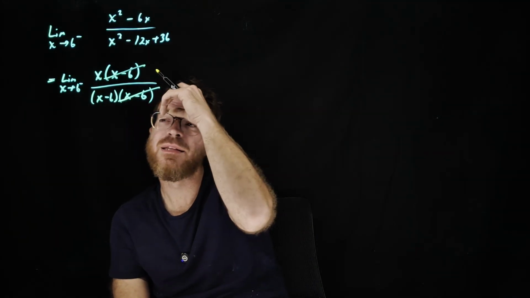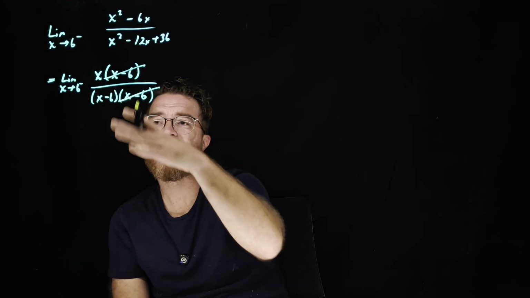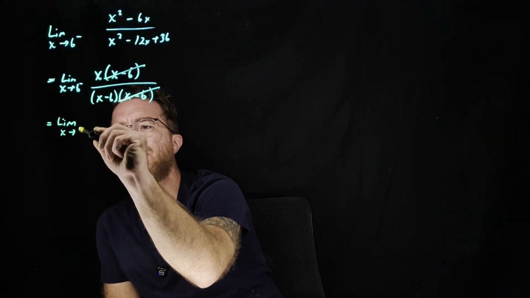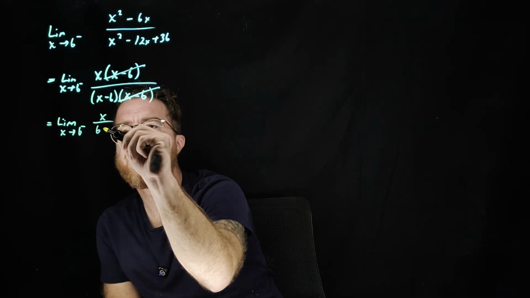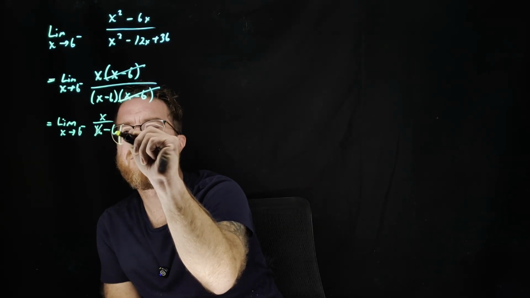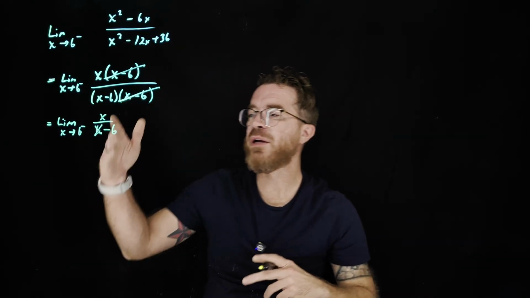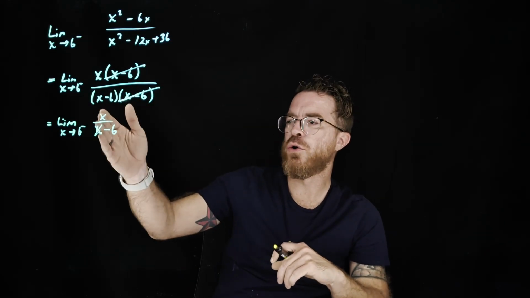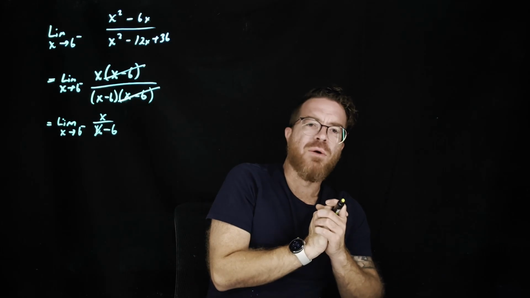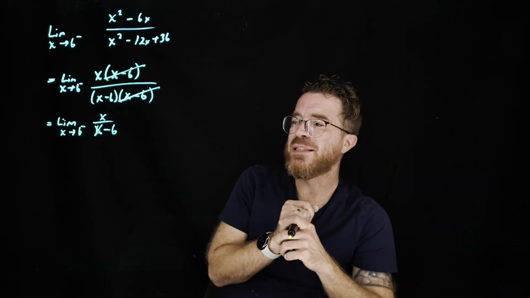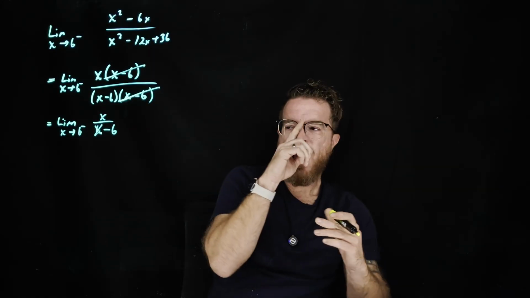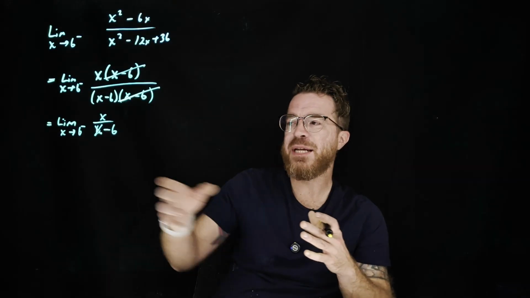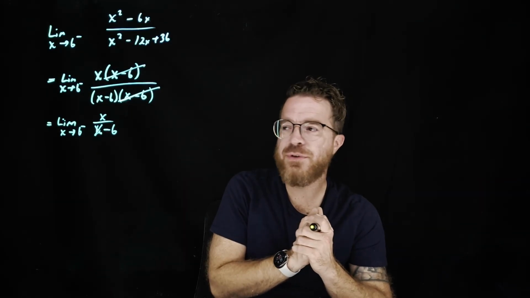And we're left with the limit as x approaches 6 from the left, x over x minus 6. If I were to plug in my 6 now, what happens? Well, I end up getting 6 over 0. So I still have something that I can't plug in. But what I could do is I could consider what's happening as I'm approaching from the left.